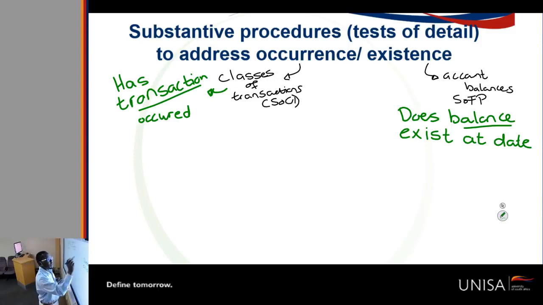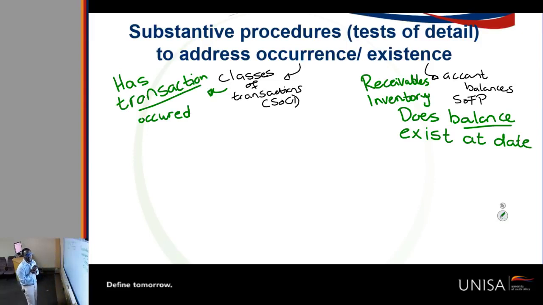So with existence and account balances, we're talking about things like receivables, things like inventory, and so on and so forth.